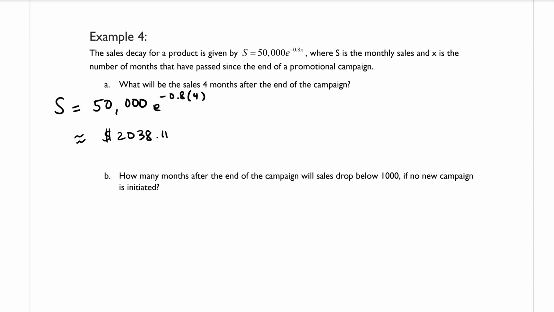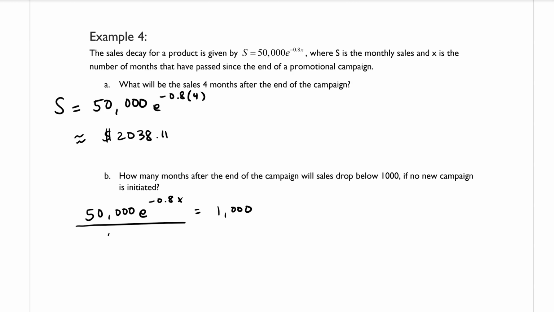Part B says, how many months after the end of the campaign will sales drop below $1,000 if no new campaign is initiated? So we would want to take our function and set it equal to 1,000. And our goal is to try to solve for x.